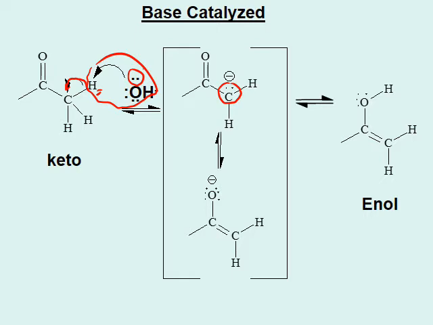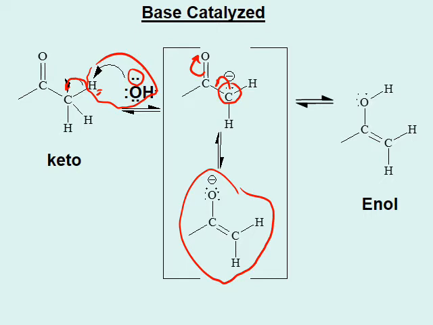So this is the negative charge, and that negative charge is not localized here. You can draw a resonance structure. Here we're going to use the term resonance, because as I move this electron pair from here to here, this electron pair will move to oxygen, and in other words, you basically come up with this structure.